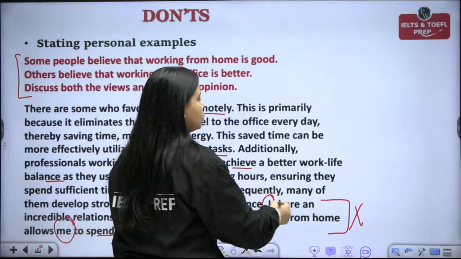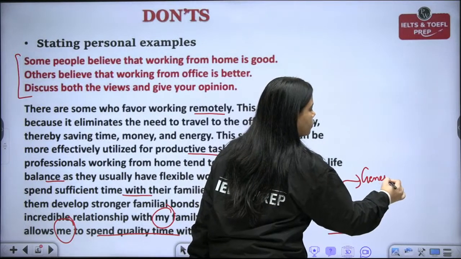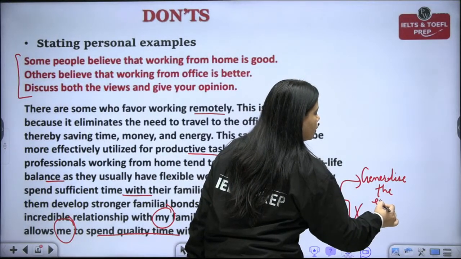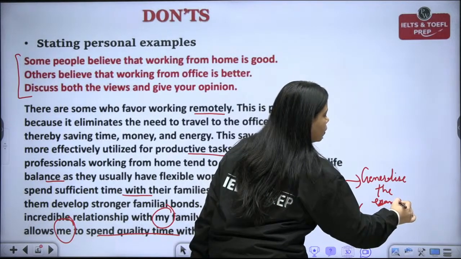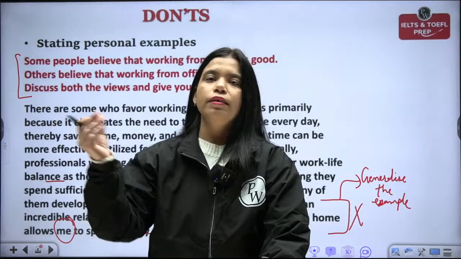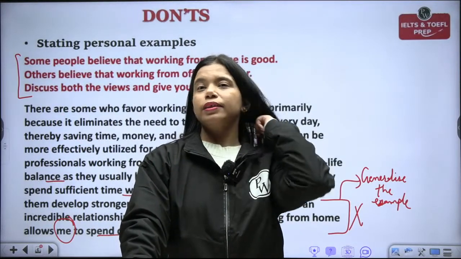कैसे ठीक करेंगे इसको? We need to generalize the example. Generalize करने के लिए क्या करना पड़ेगा? I की जगह we will take something else. इस example को हम कैसे change कर सकते हैं?